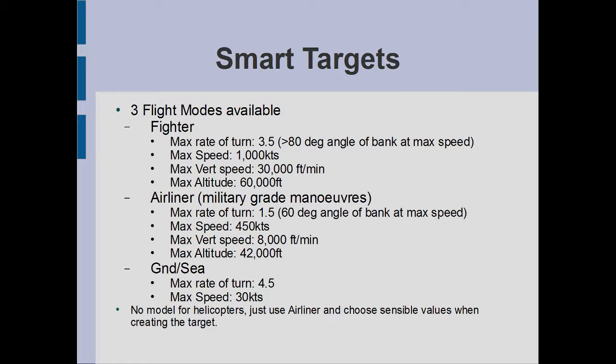There is no model for helicopters, so I'd suggest you just use the airliner mode and choose some sensible values when you create the target. You don't really want a helicopter flying at 1,000 knots, but in case of an airliner that'll be 450 knots, but you can choose 100, 120 knots, and the turn rates and other vertical speed capabilities will fly it as a helicopter would fly.